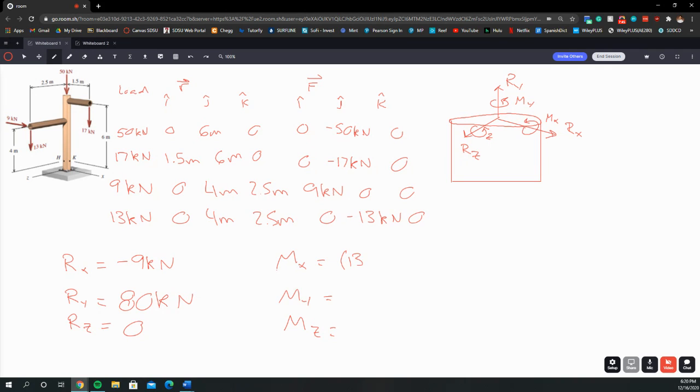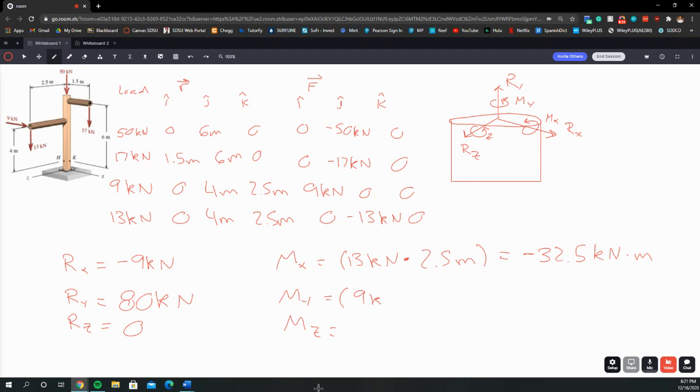So it's going to be 13 kilonewtons times the moment arm, which is 2.5 meters, which equals 32.5 kilonewton-meters. And since the moment is going counterclockwise, the positive direction around the x-axis, the opposing moment, the reaction moment, is going to be going clockwise, so it's therefore going to be negative 32.5 kilonewton-meters. Now we have to do the same for My.